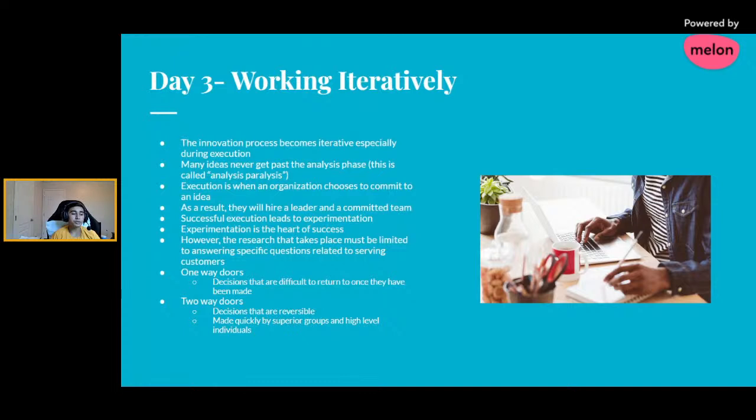So, one-way doors are decisions that are difficult to return to once they have been made. So, once you've made that decision, there's no really turning back, or if there is turning back, it's very hard to do so. And two-way doors are decisions that are quickly reversible. And these are usually made quickly by superior groups and high-level individuals because they know they can come back to it if anything goes wrong.